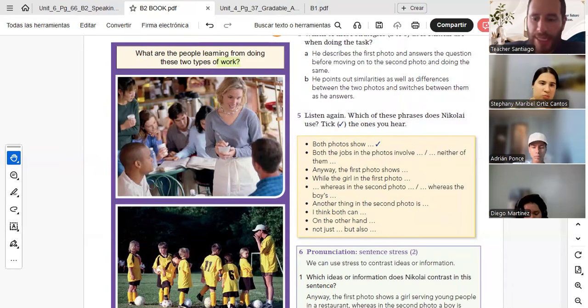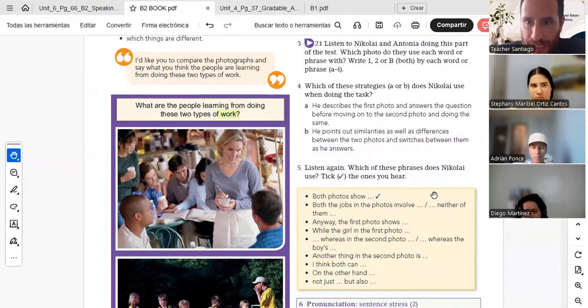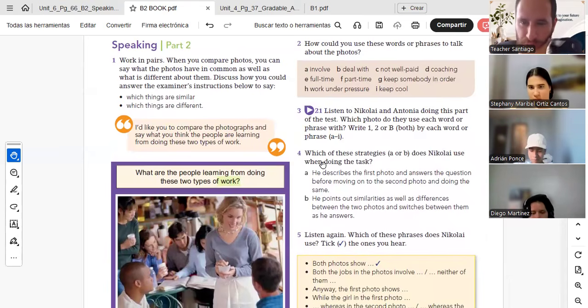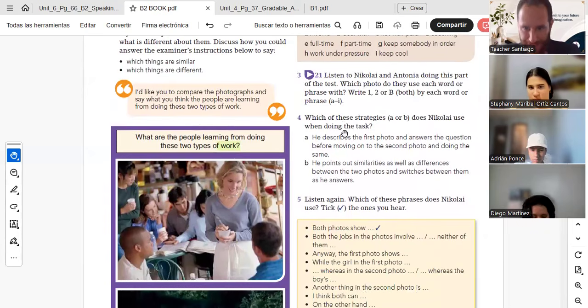Okay, so now let's listen. Give me a moment, guys. So listen to track 21. We're going to listen to Nikolai and Antonia doing this part of the test. Which photos do they use each word or phrase with? Write one, two, or B for both for each word or phrase from A to I. Which of these strategies, A or B, does Nicholas use when doing the task?